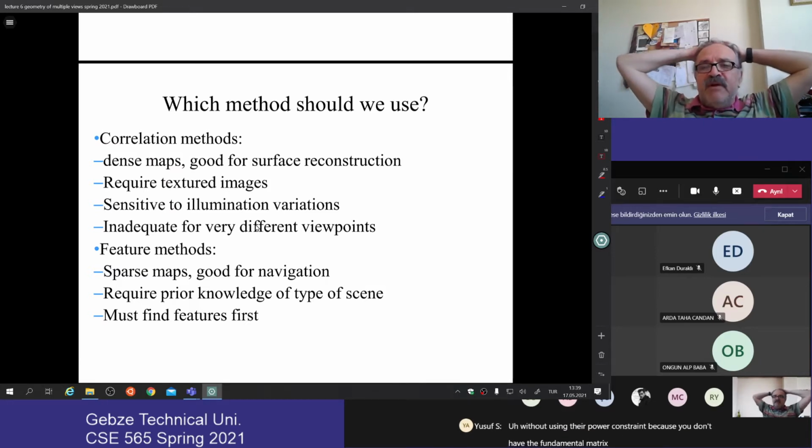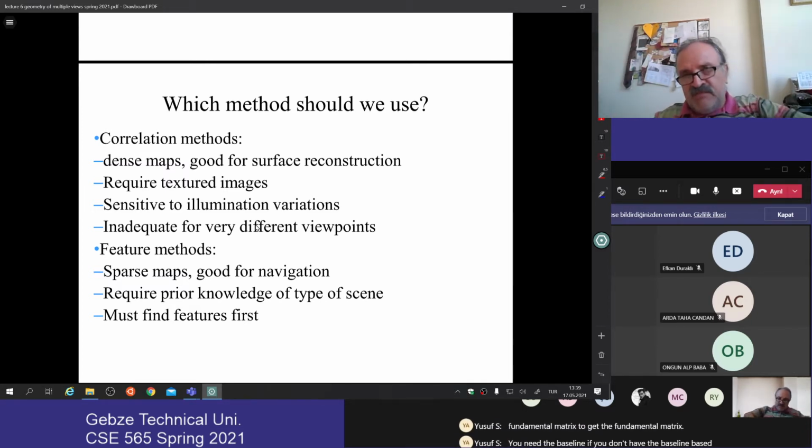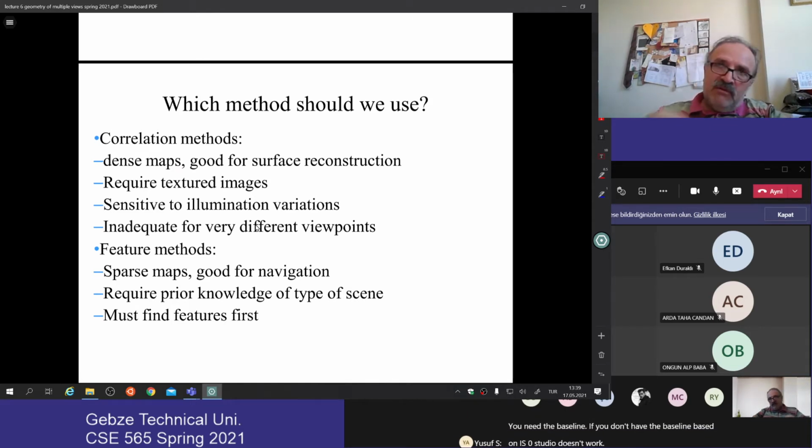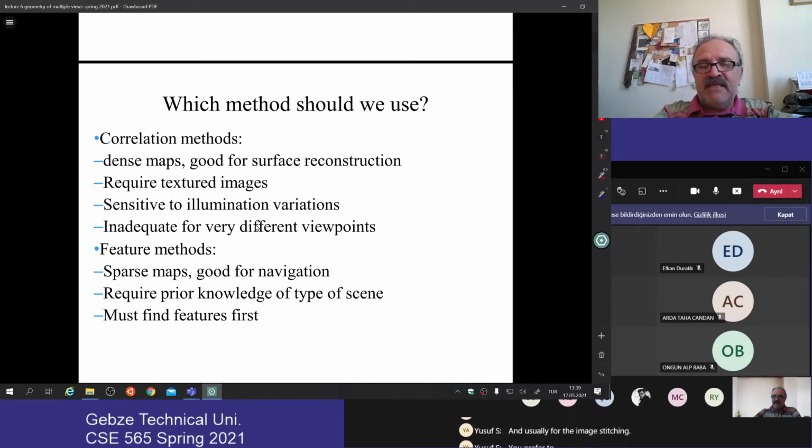Remember, to get the fundamental matrix, you need a baseline. If the baseline is zero, stereo doesn't work. And usually for the image stitching, you prefer two images with a baseline of 0, because you don't want to introduce any parallax to your system.